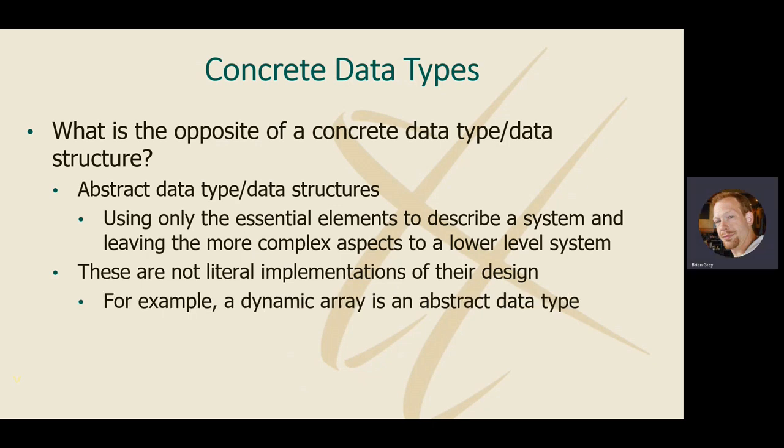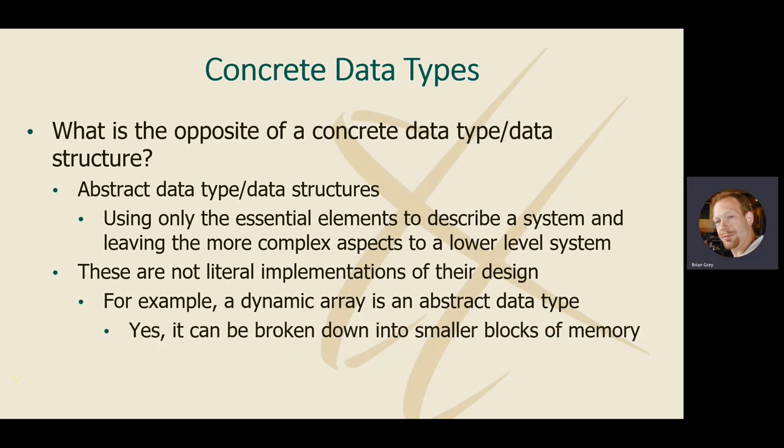Similarly, a dynamic array is an abstract data type. Okay? We can do the same thing. We can break it down into smaller blocks of memory. But the key thing is this. It's not actually dynamically resizing. That's a fiction. Right? Remember, we talked about this. Behind the scenes, a dynamic array is a static array. And if we have a dynamic array with 3, 4 elements in it, let's say, to us, it's going to look like that's it. That's how many elements are there.